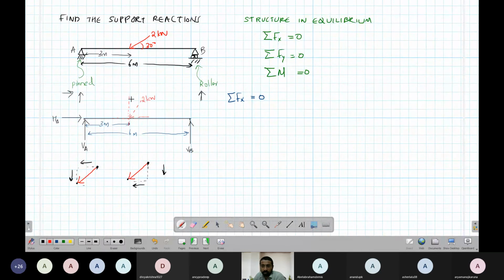Then I can replace it by two forces. One force would be vertical down. Another force would be horizontal left. You can use this point in the travel in the direction.